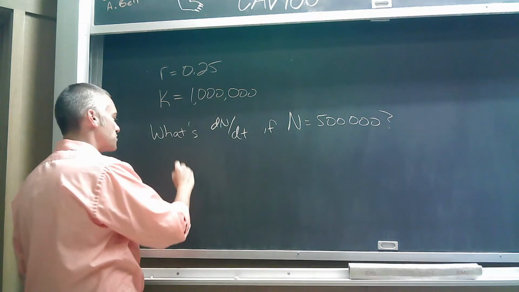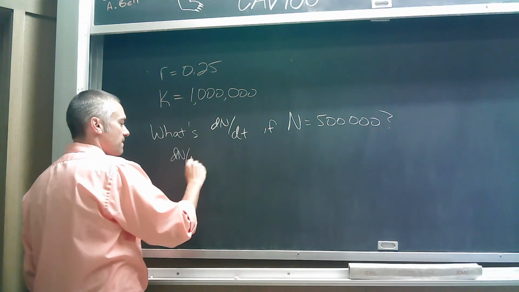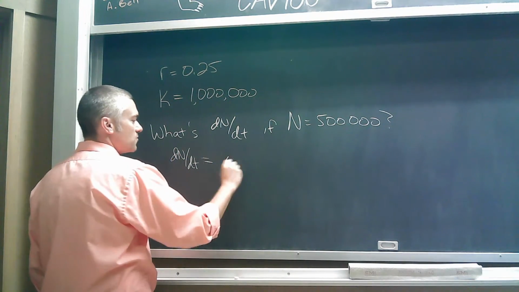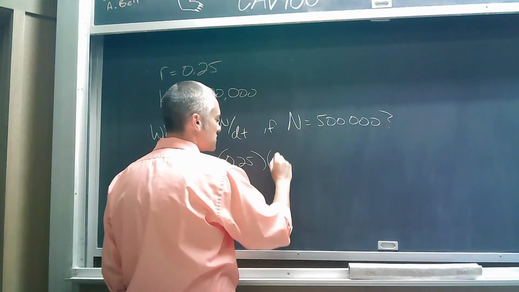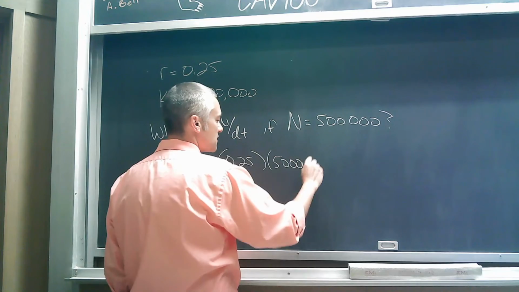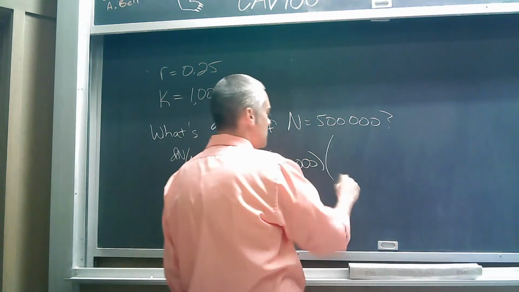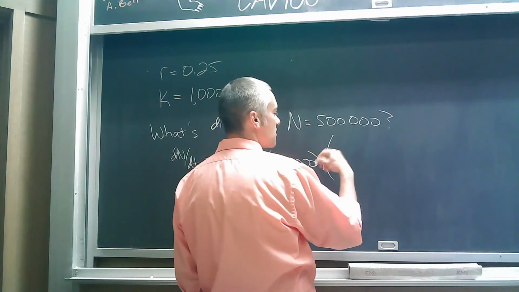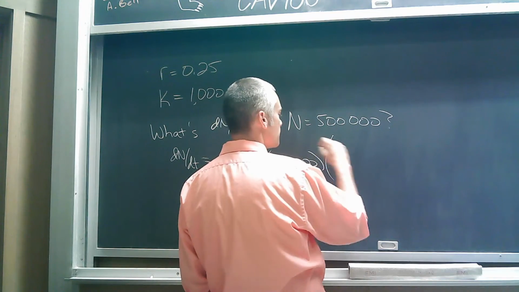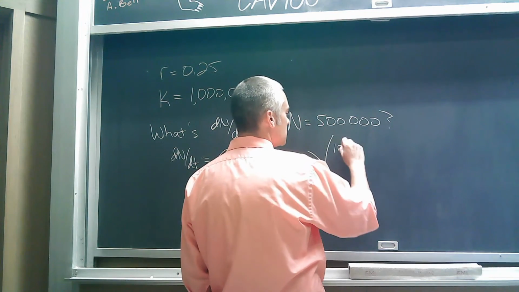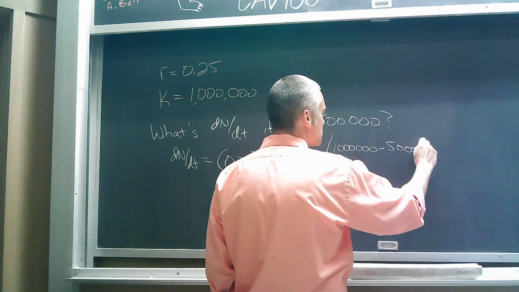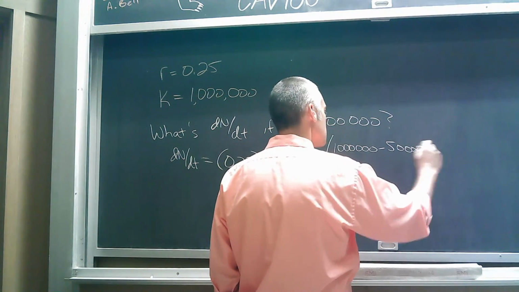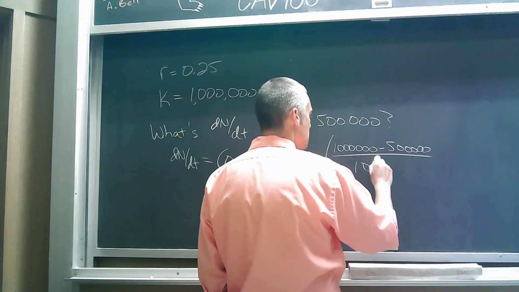Well, we have our equation. We know our R. We know our N, what we start with. And then we have our density dependence term. So 1 million minus our 500,000 over 1 million.